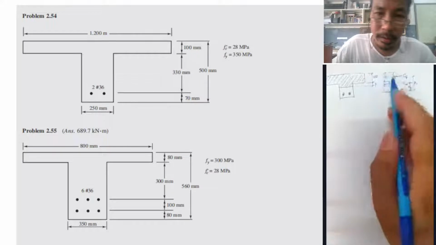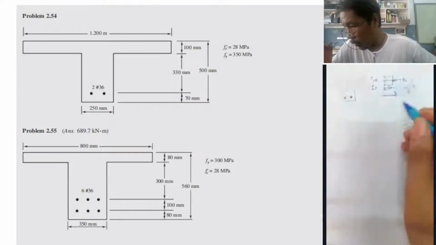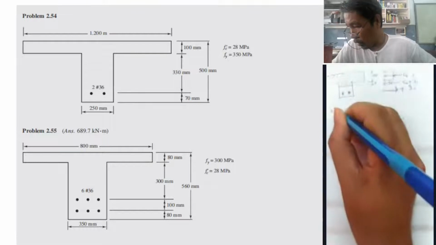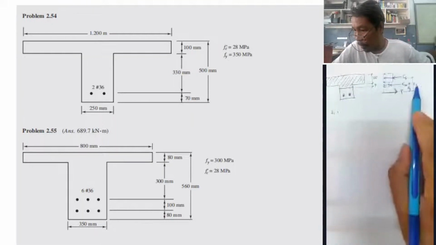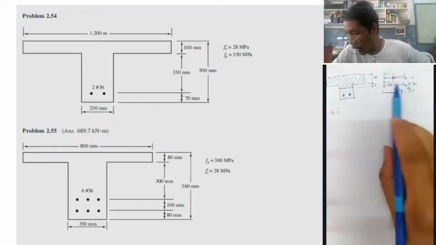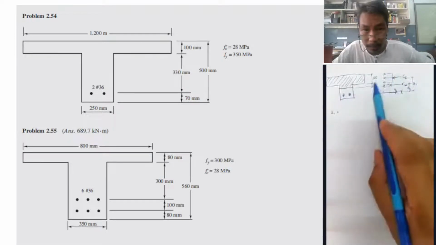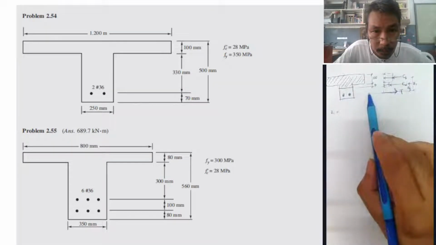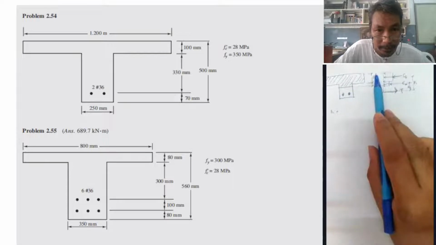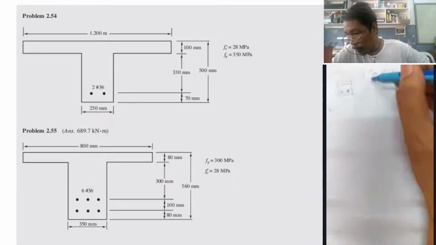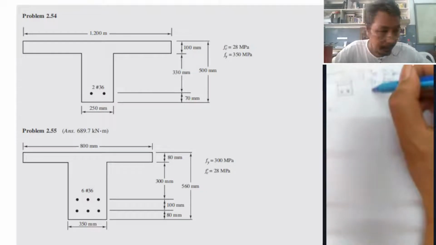Let us find out first the moment arm Z1. This is 100, and the middle of 100 is 50. From this point to that point is 430, and from this point to this point is 330.